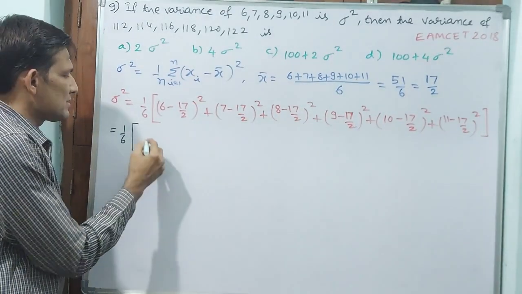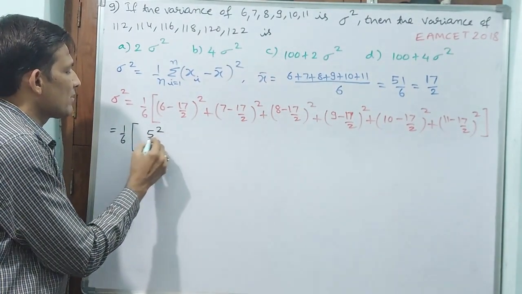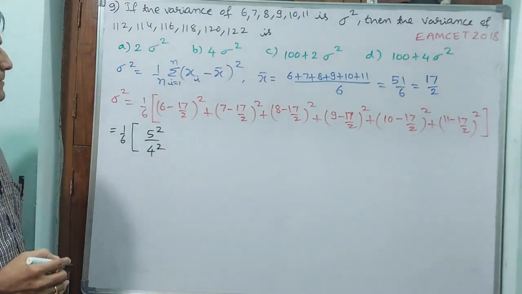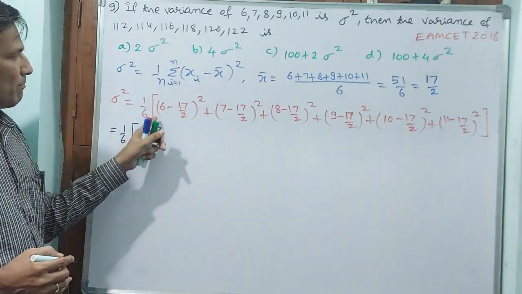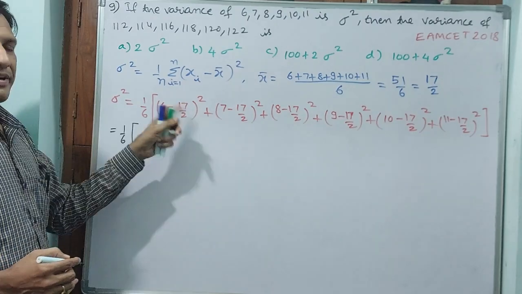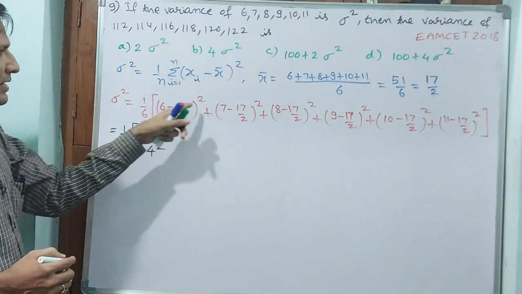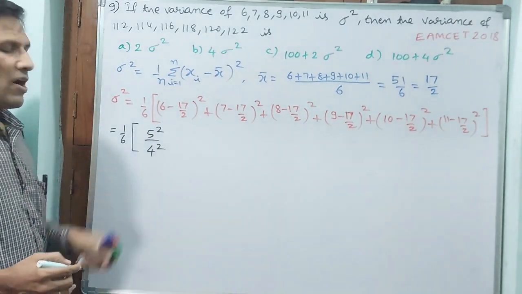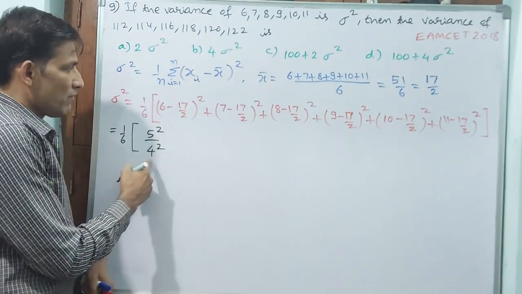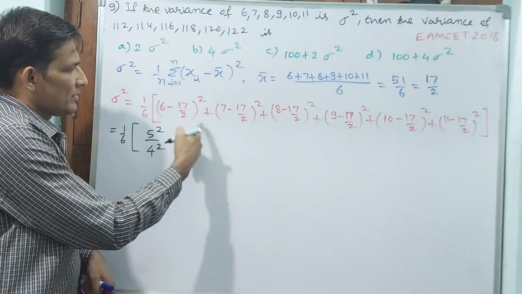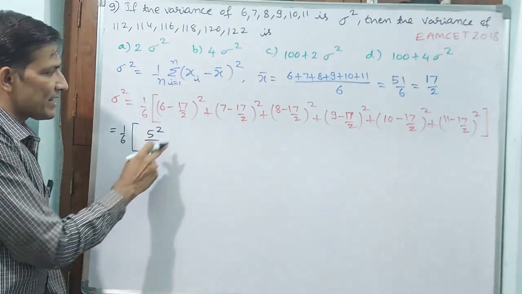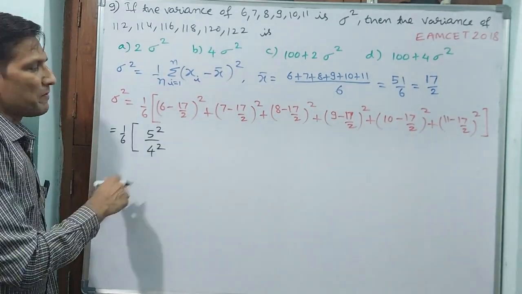Shall I write 5 square by 2 square? 17 minus 12 you take, because anyway we are squaring. Minus 5 square and plus 5 square are both the same. That is why 5 square I have written. If I take the square common, then you may not understand. That is why I have not taken common at present. Next step we will take it.